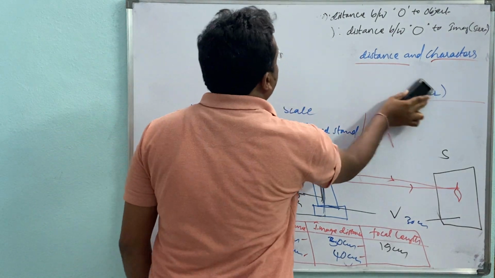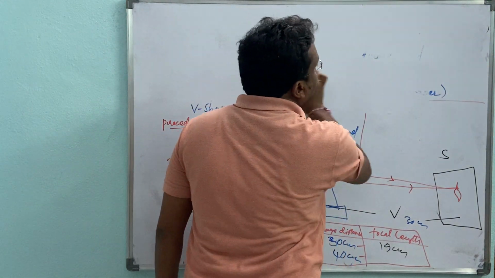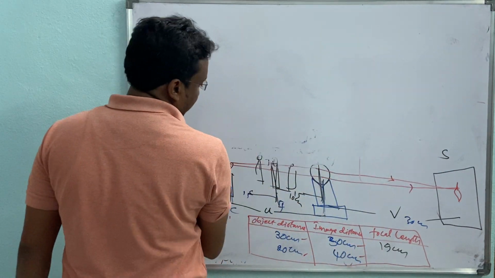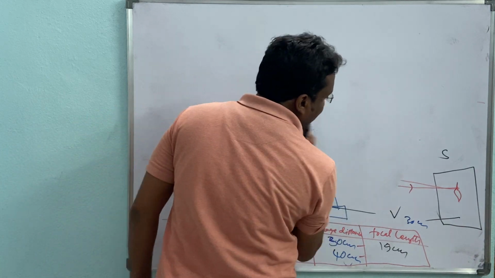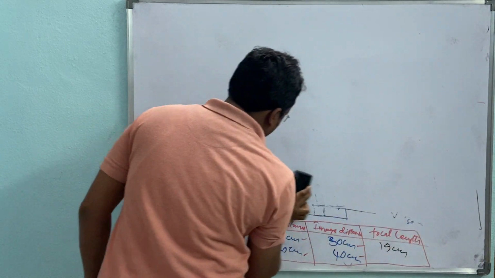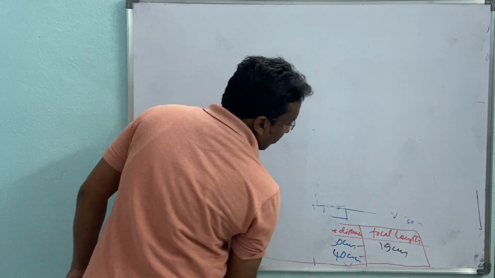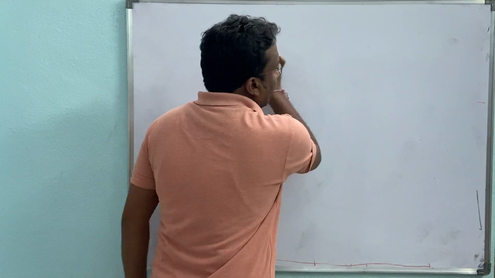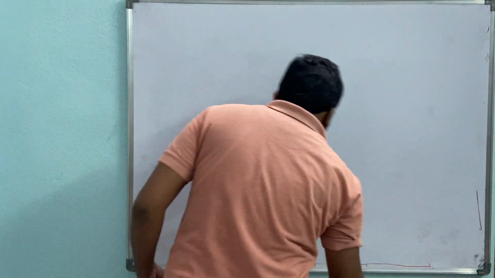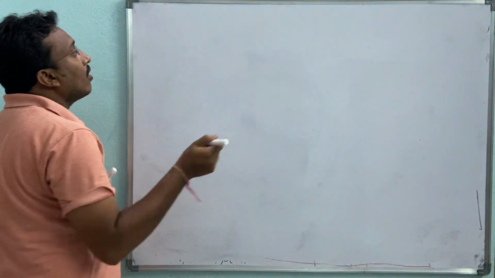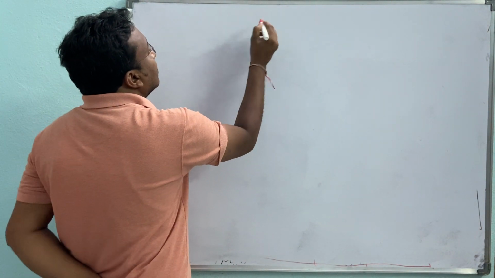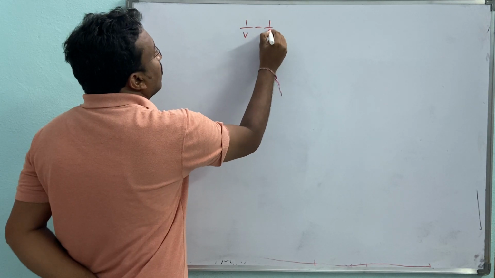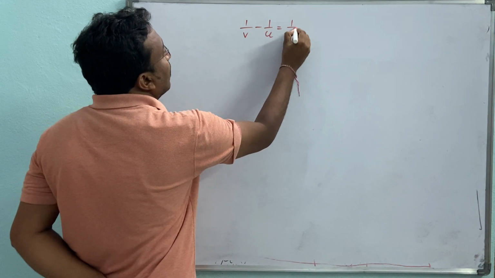That relation is called the mirror formula. Sorry, lens formula. The relation between object distance, image distance and focal length is 1 by v minus 1 by u equal to 1 by f.